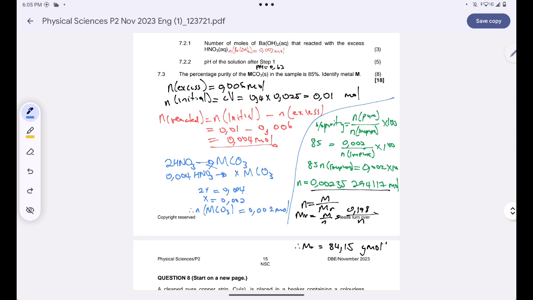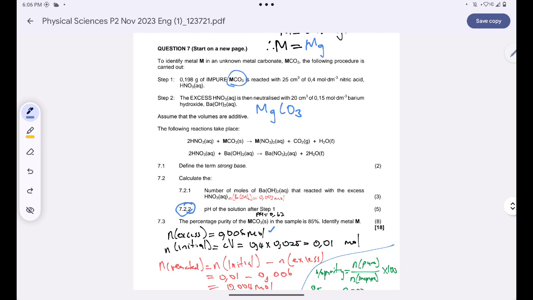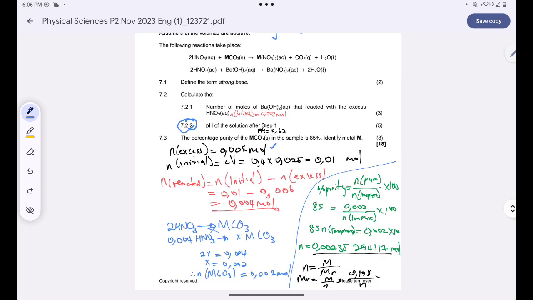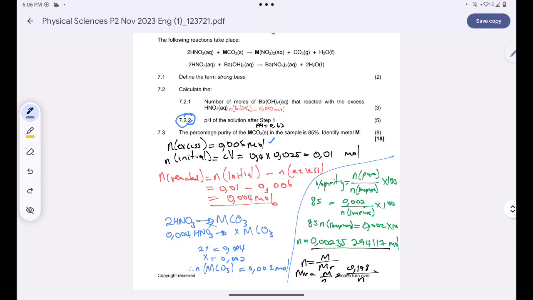Okay, let's go back, guys, and check what we did. First, remember that we calculated the excess number of moles in question 7.2.2. Are we together? I took it and wrote it there. Secondly, I calculated the initial number of moles of my metal carbonate. But remember that the initial number of moles represents the impure number of moles.